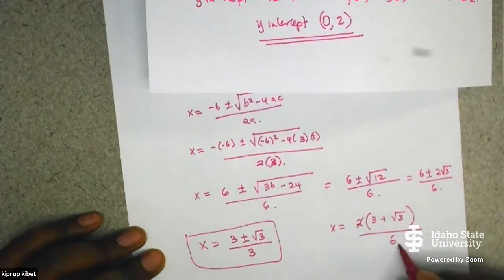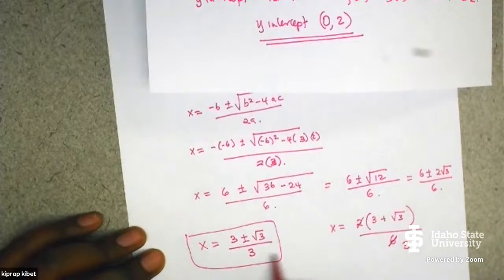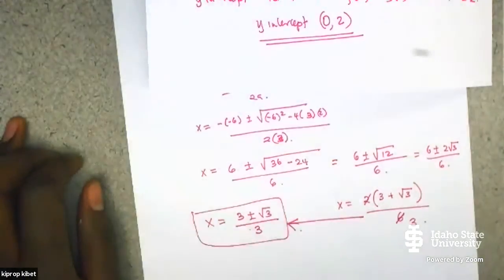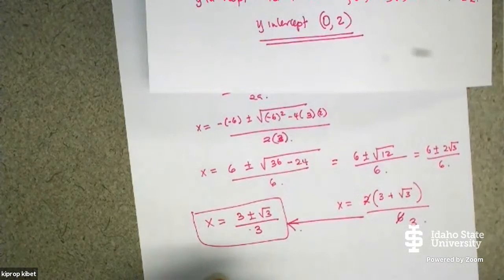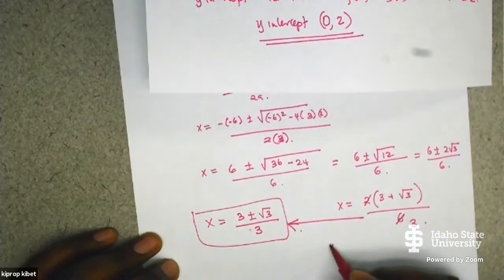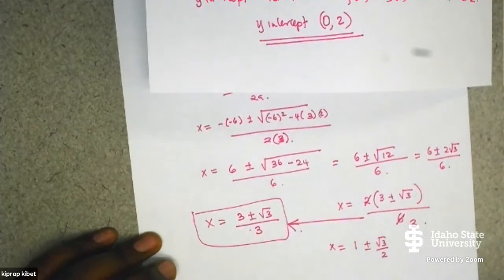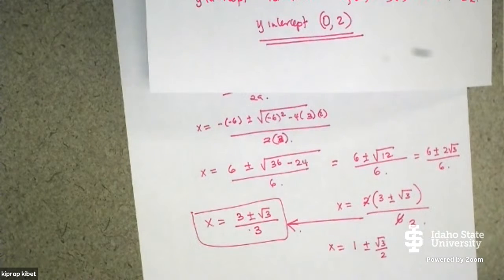So when we cancel, you get 1 plus the square root of 3 over 3, right? So it's the same as x equals 1 plus or minus the square root of 3 over 3.